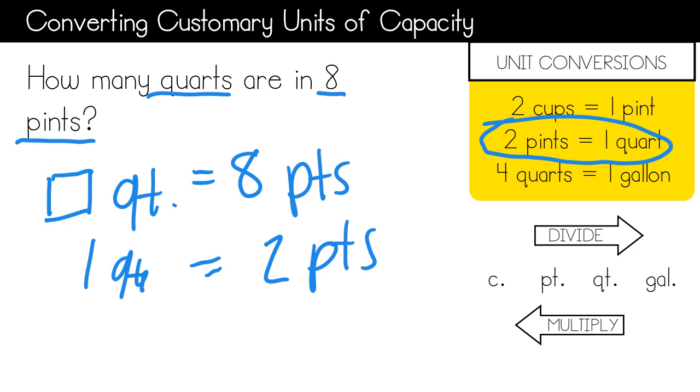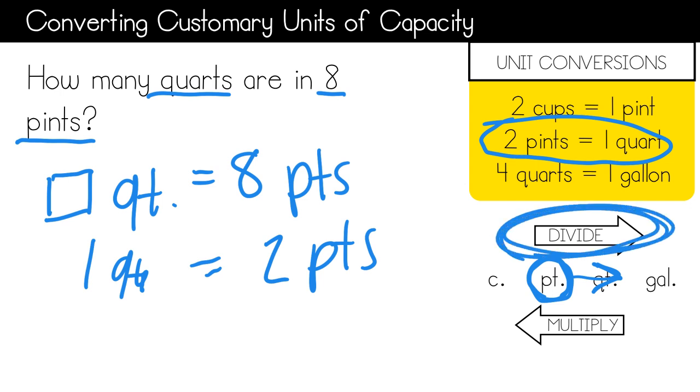So I'm going from pints to quarts. If I'm going from pints to quarts, am I going to multiply or am I going to divide? You're right, I'm going to divide. So 2 pints equals 1 quart, and I have 8 pints divided by 2 equals 4. So 4 quarts equals 8 pints.